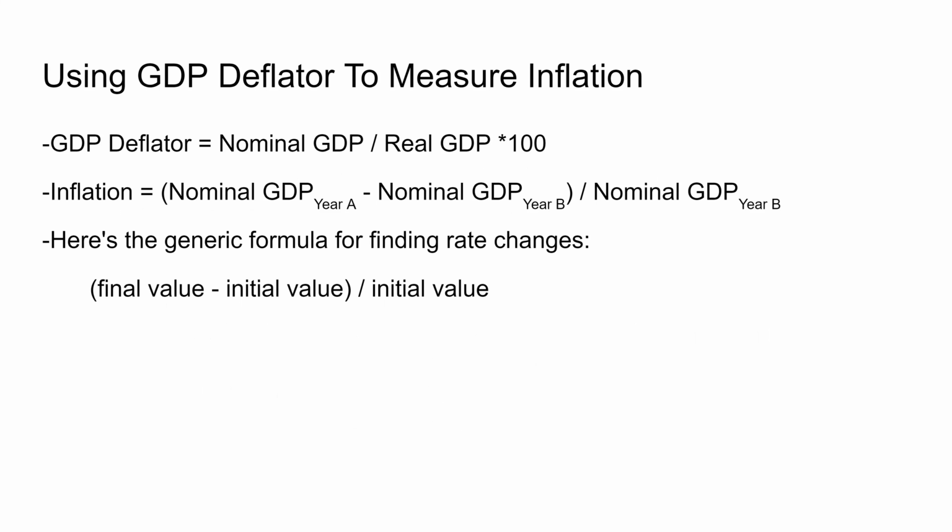And to calculate inflation, you would use, sorry, it should say GDP deflator of year A, subtract GDP deflator of year B, divided by GDP deflator of year B. Usually, if they only give you 2 years, the GDP deflator for one of them will be 1 because you're using the same number divided by itself.